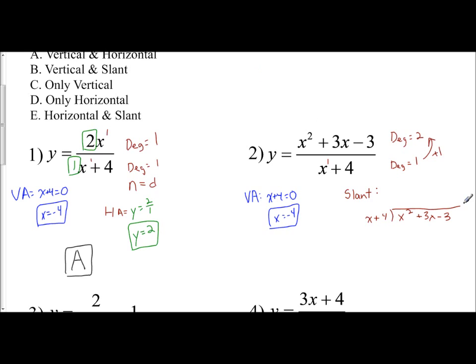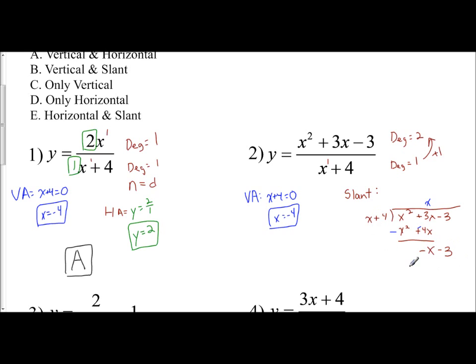I multiply by x. So distribute, you get x squared plus 4x. You are subtracting these, so I'm going to change all of my signs. This will become a negative x squared and a plus and negative 4x. So 3x minus 4x is negative x, and I have minus 3.